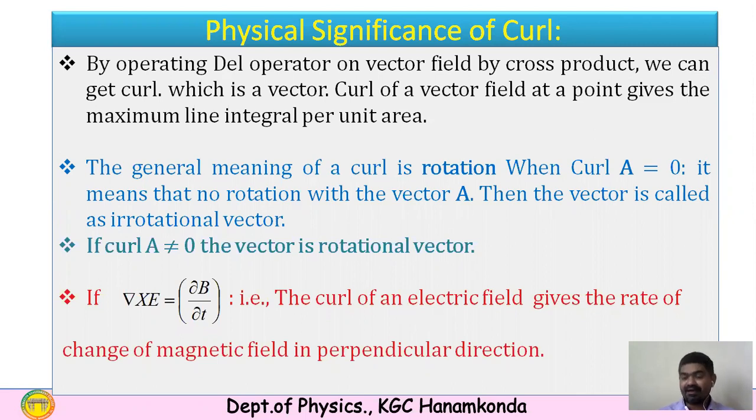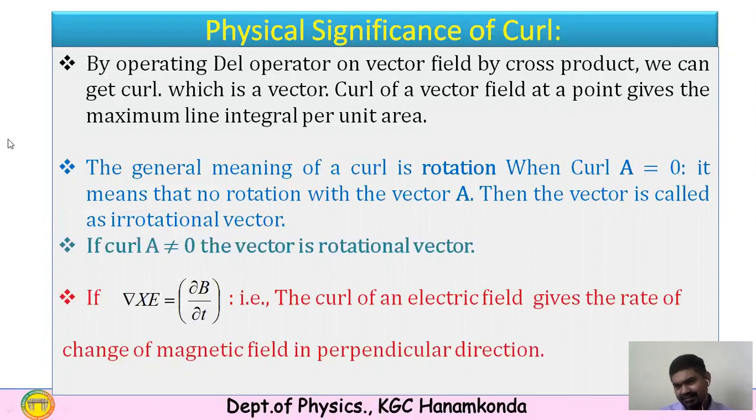But the curl of a vector field tells us that if curl is there, that vector field is undergoing a rotational effect. If curl is not there, curl is 0, that vector field has no rotation at all. So that field is called an irrotational field. If curl is there, that is a rotational field. If curl is not there, that is an irrotational field.